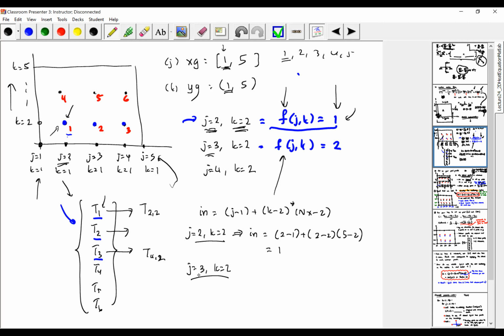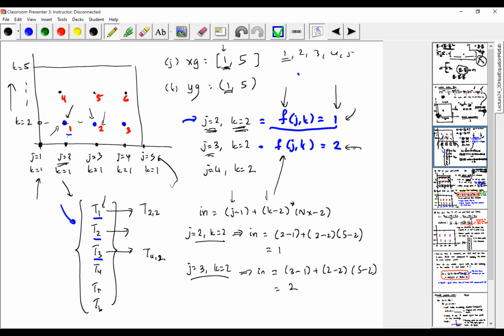So for j3, k2, we know that we are referring to this point, the second value. What happens to our in? Again, substitute j3 and k2 here. You're going to get 3 minus 1 plus 2 minus 2 times 5 minus 2. So this becomes 2, which is what we want. It's the second grid point that we have.